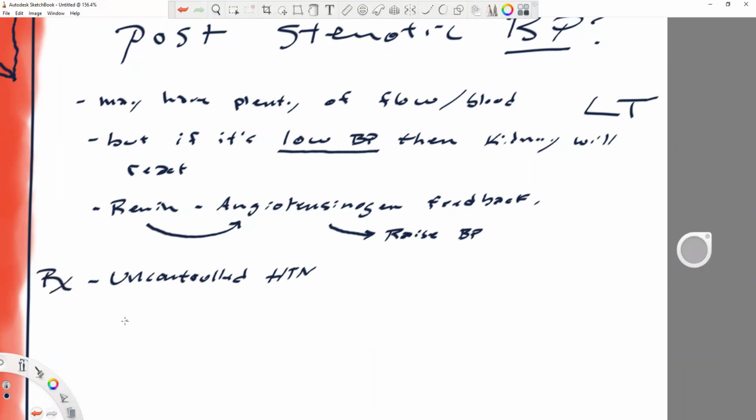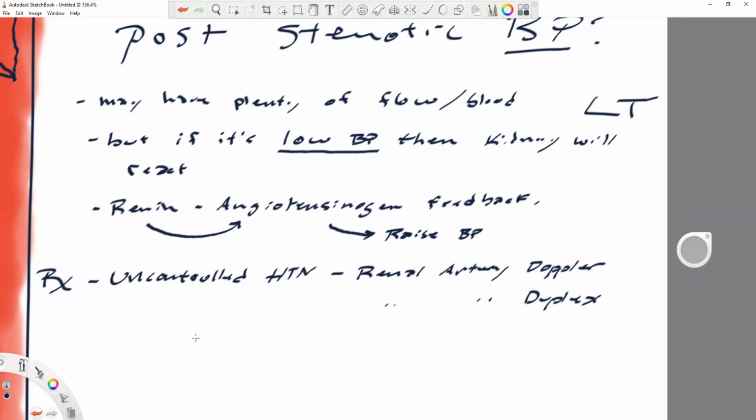That's your RX, your prescription is uncontrolled hypertension. Renal artery Doppler or renal artery duplex.